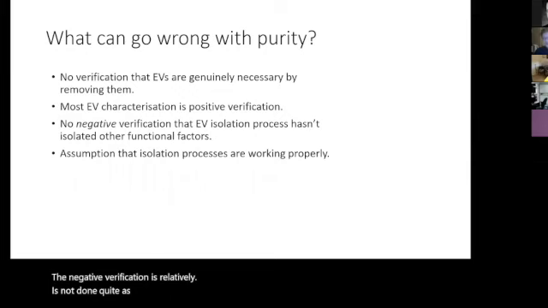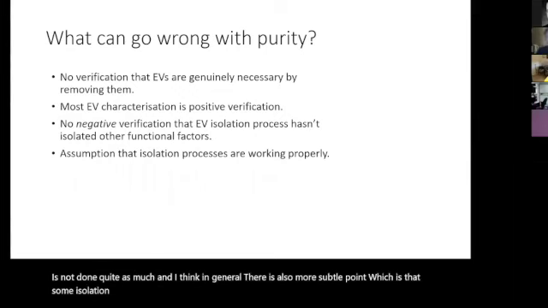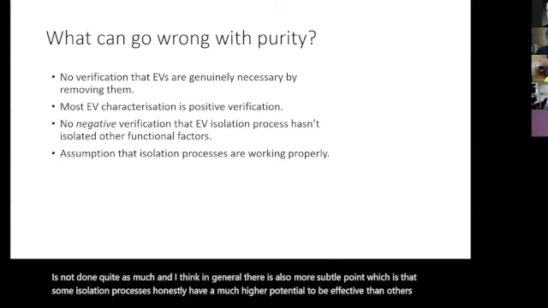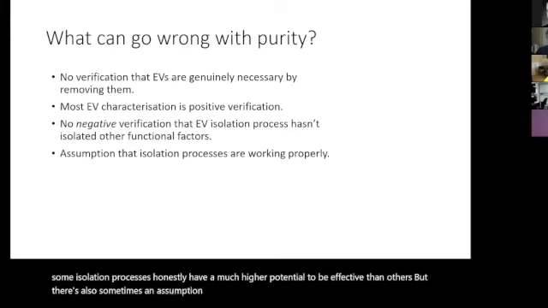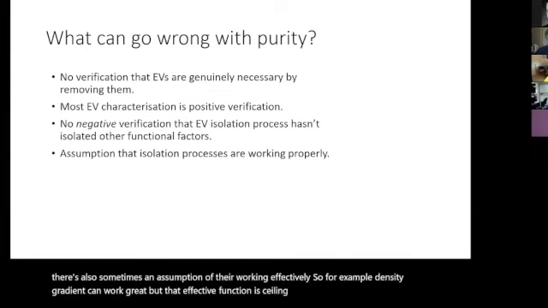And I think in general, there's also a more subtle point, which is that some isolation processes obviously have a much higher potential to be effective than others, but there's also sometimes an assumption that they're working effectively. So for example, density gradient can work great, but that effective function is a ceiling, not a floor, excuse me.